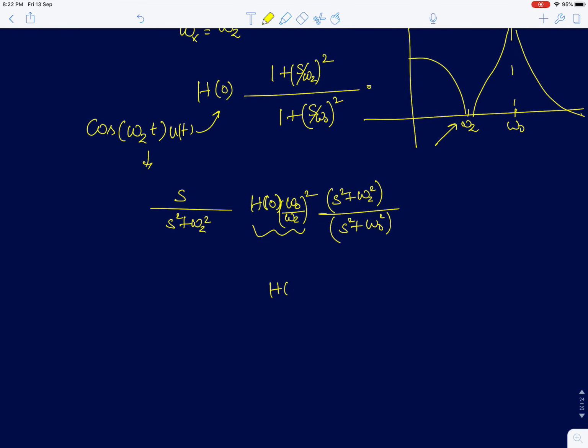This term I'm going to call h infinity. This is just another way of writing the same transfer function, using h infinity, which is the high frequency gain. The other form uses the low frequency gain, so at omega equal to 0, you will get h of 0 as the value.